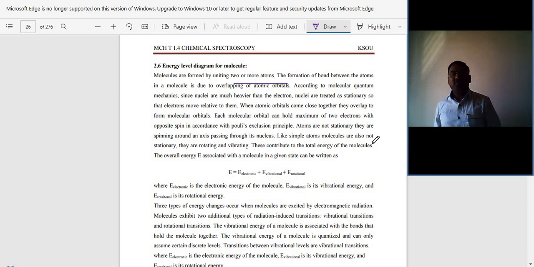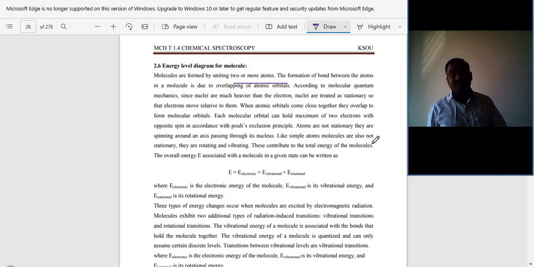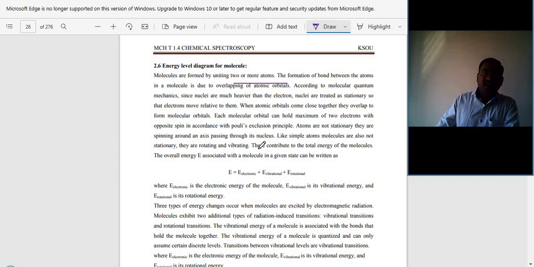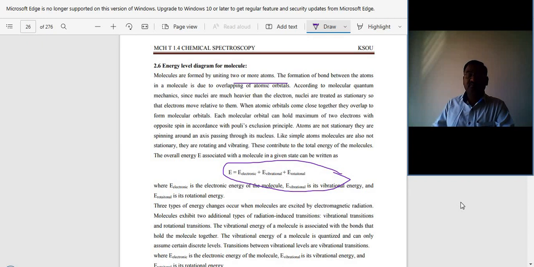According to molecular quantum mechanics, since nuclei are much heavier than the electrons, nuclei are treated as stationary so that electrons move relative to them. We consider that overall energy is calculated by using the formula: E is equal to E electronic plus E vibrational plus E rotational.